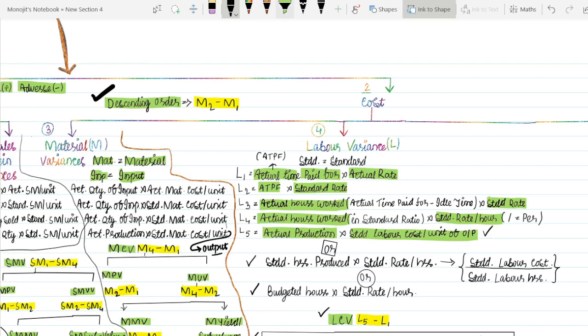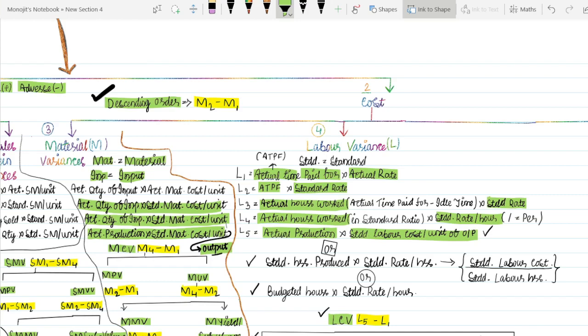M3 is also actual quantity of input into standard material cost per unit, and M4 is actual production, or actual output, into standard material cost per unit of output. This is the important point: standard material cost per unit of output.